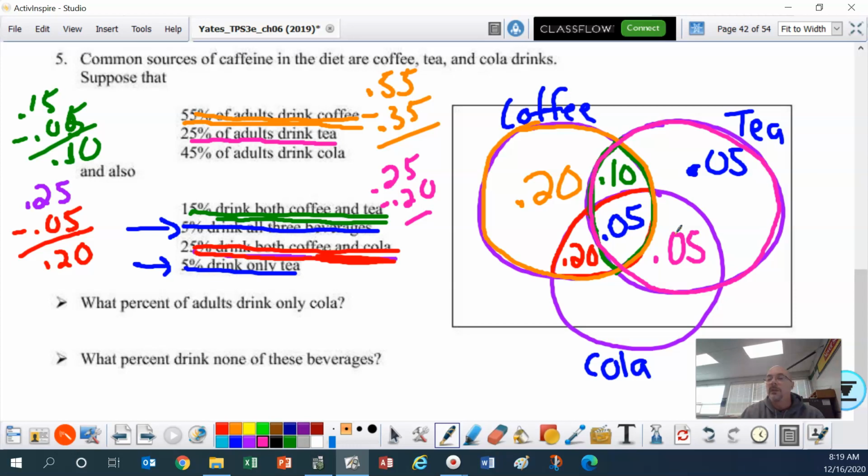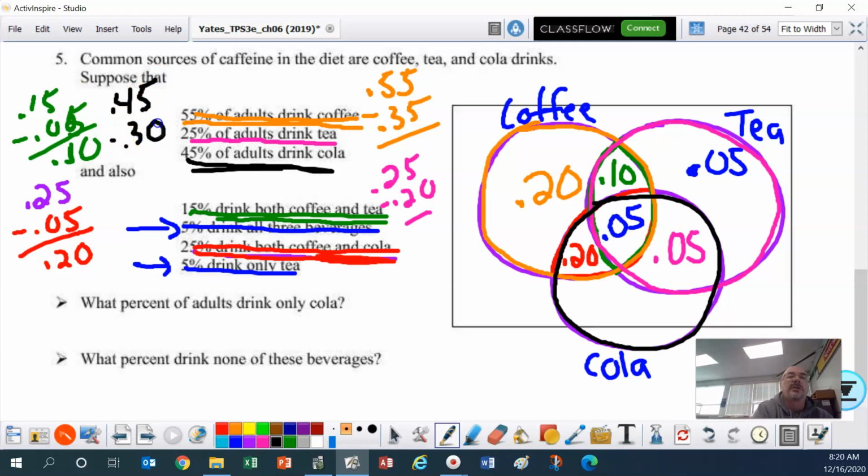Cool. Let's use black. 45% drink only cola. Again, here's the circle for cola, and if I add those together, that adds up to 0.30. I'm running out of room here. So 0.45 minus the 0.30 is going to be 0.15.